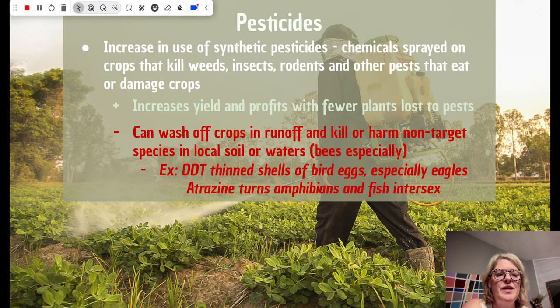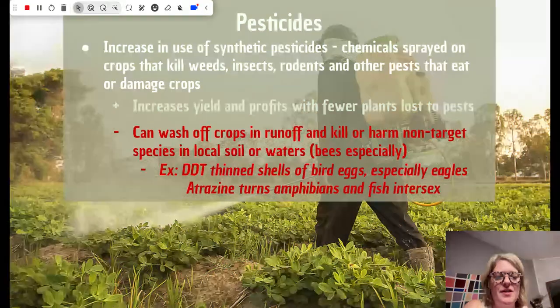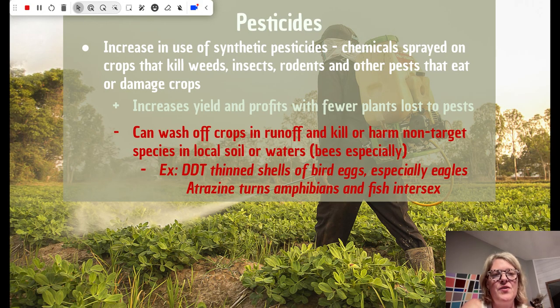One really important organism being impacted by the pesticides we spray on our crops are bees and other pollinators. Their populations are being seriously impacted by the use of those chemicals.